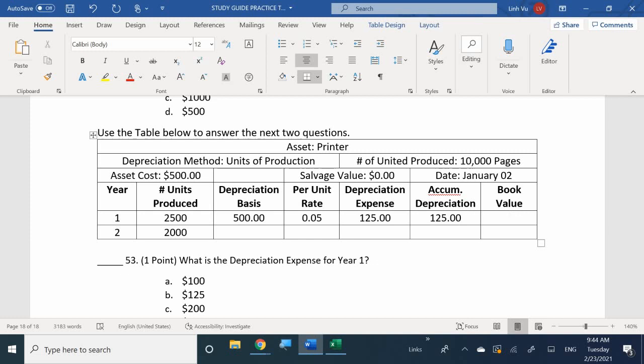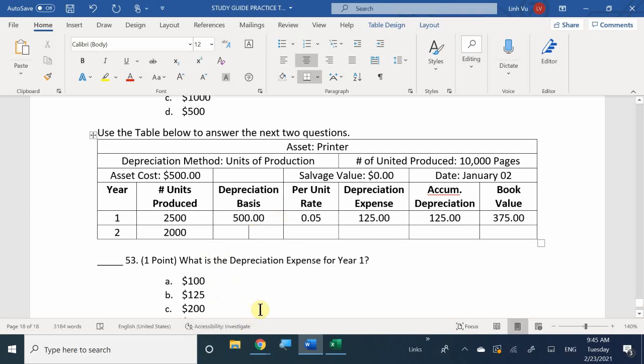So what is my book value going to be? 375. Okay. So then solve for year 2 because I'm going to ask questions based on year 2 as well.